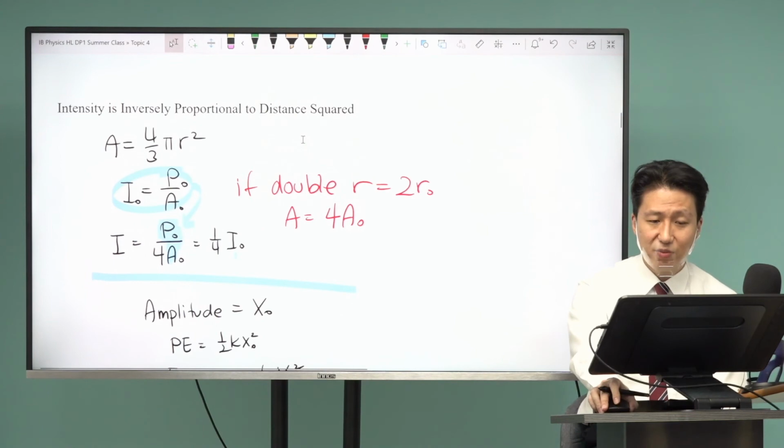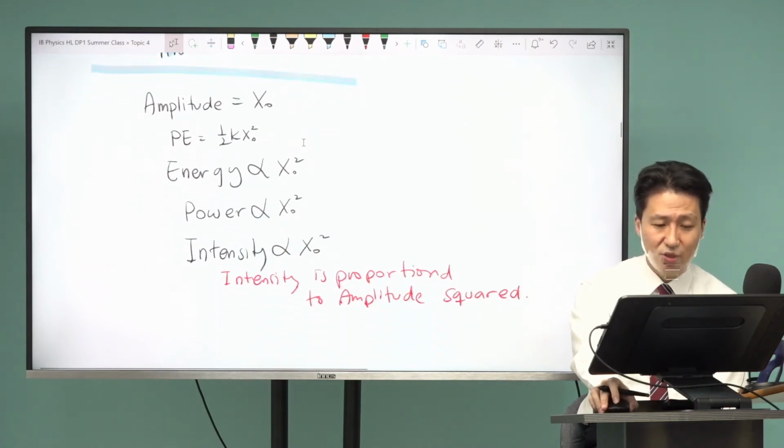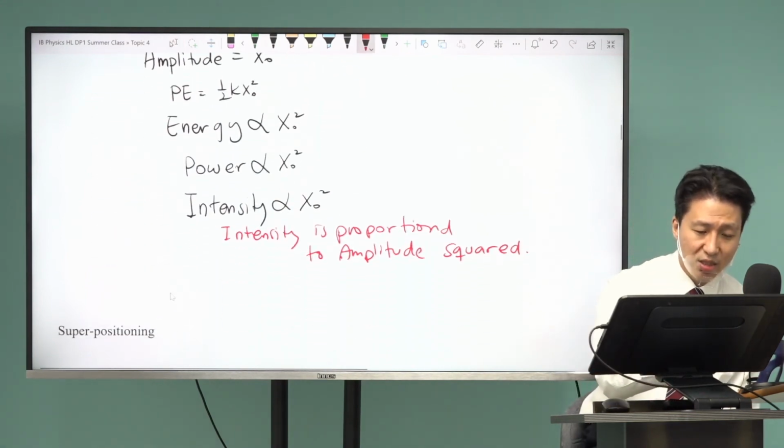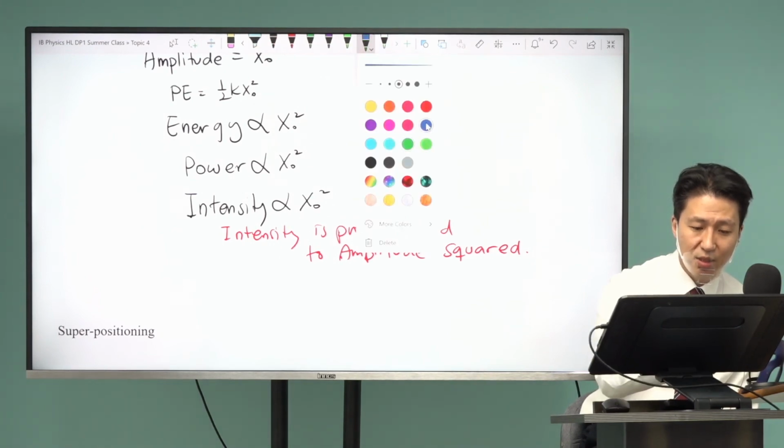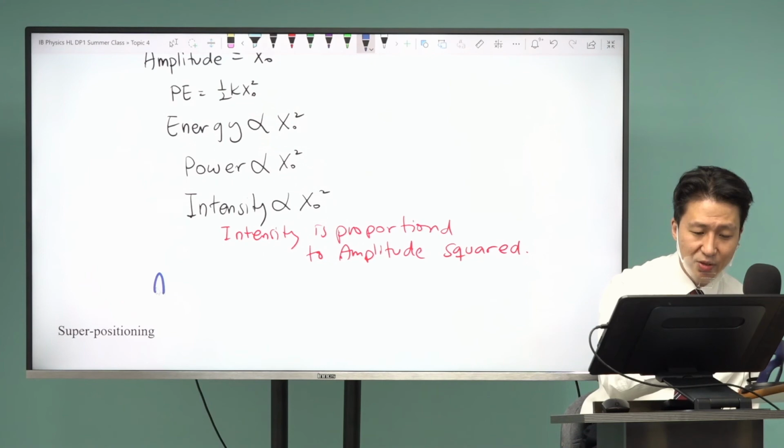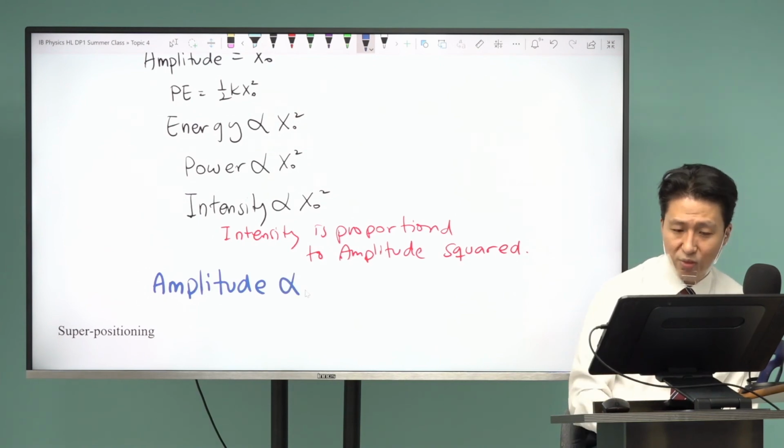So what is the relationship in distance and amplitude? Well, they're just inversely proportional, no squared between them. So amplitude should be inversely proportional to the distance.